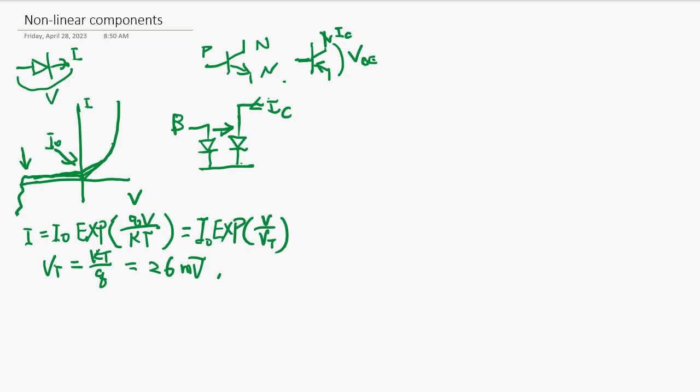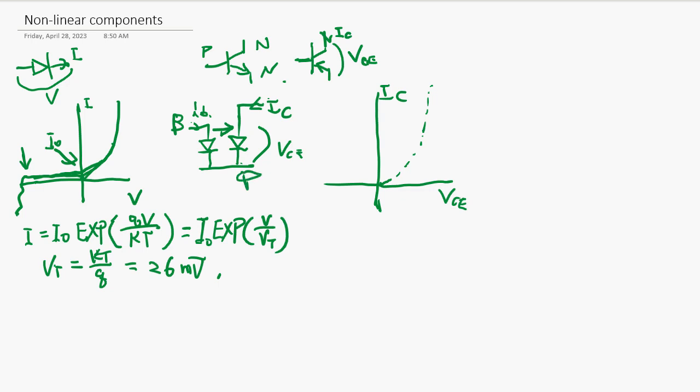So what happens is, when you have an IB base current, and when I apply IC, it basically behaves like a diode. IC and VCE behave like a diode. However, the second diode is controlled by this guy.